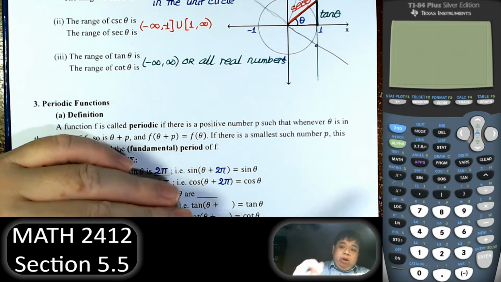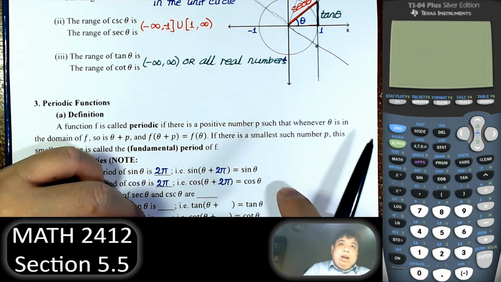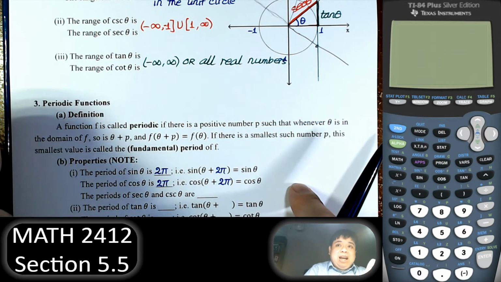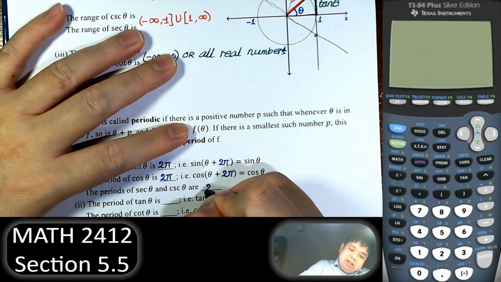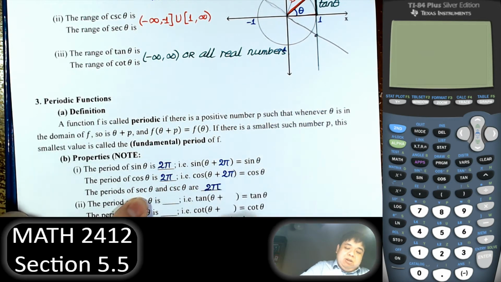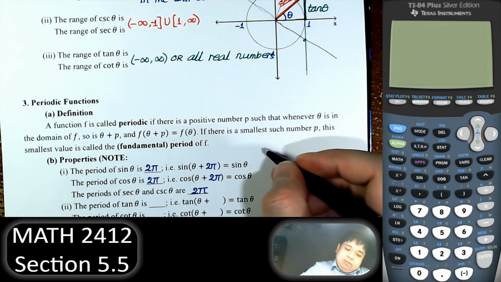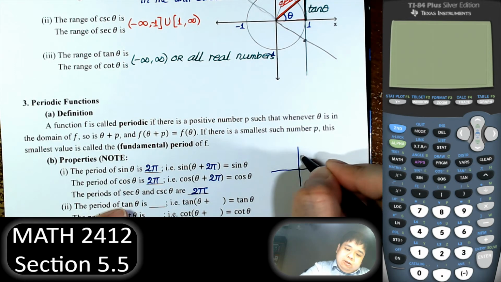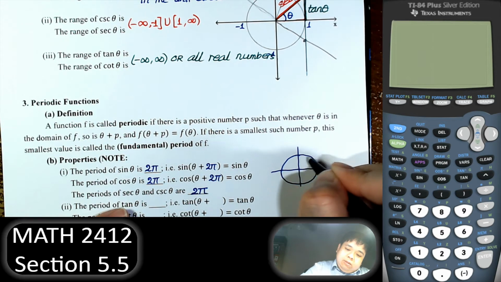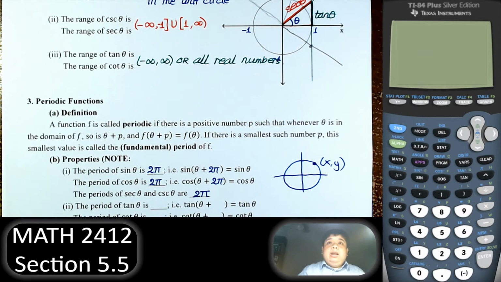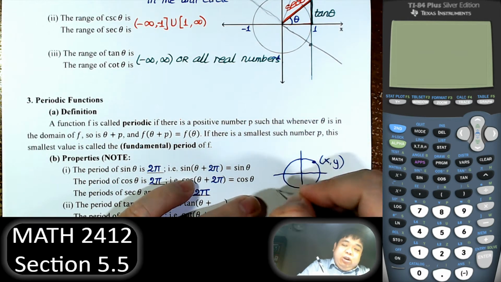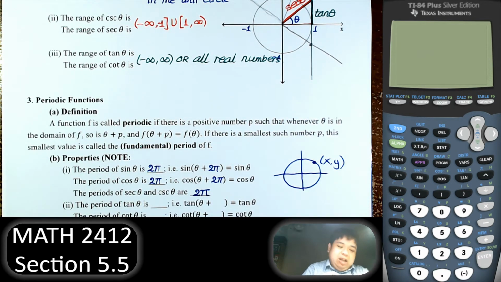Because when we go one complete revolution, we get back to the same point, and we have the same x, y, so the same cosine and sine. Similarly, for the reciprocal functions, the period is also 2 pi. As long as we have the same point, we have the same x, the same y, we'll have the same cosine and sine. If we go extra revolutions or not, still the same thing.